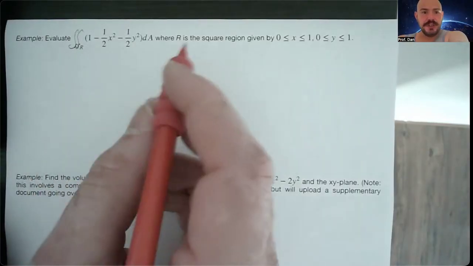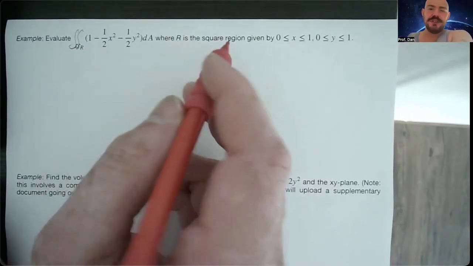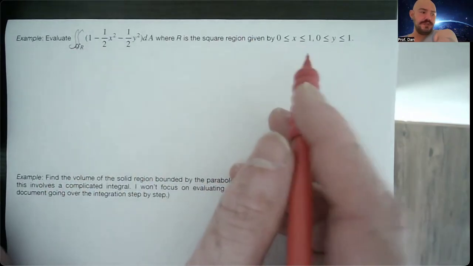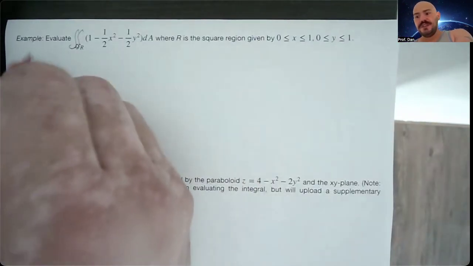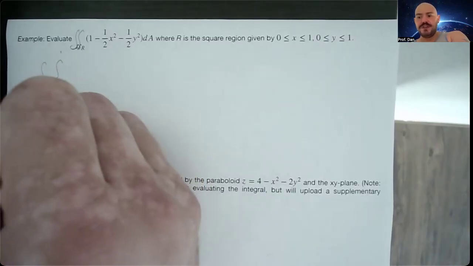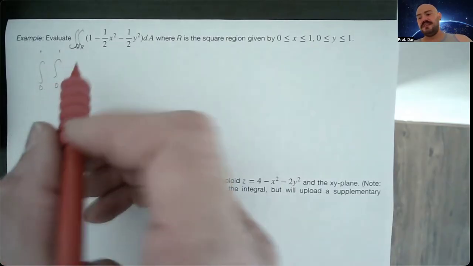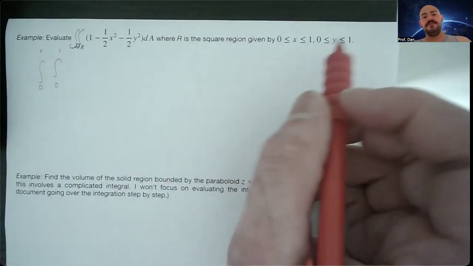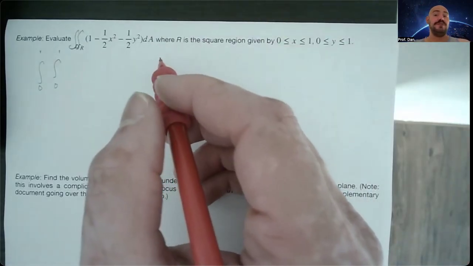Take your double integral. So here we are given that R is a square region, X is between 0 and 1, Y is between 0 and 1, just like in the last problem. So I know that I can set my bounds up so that my X's and Y's both go from 0 to 1. It doesn't actually matter if I do dx dy or dy dx.